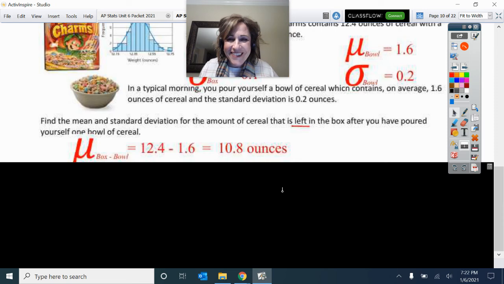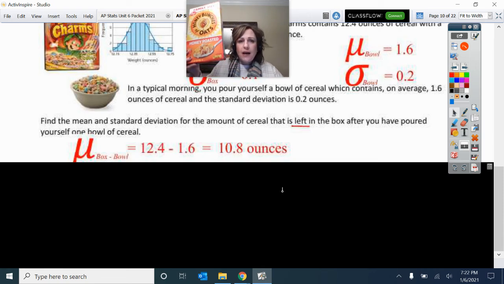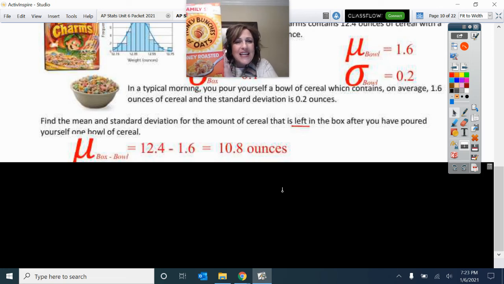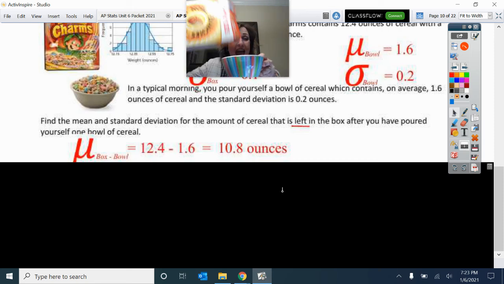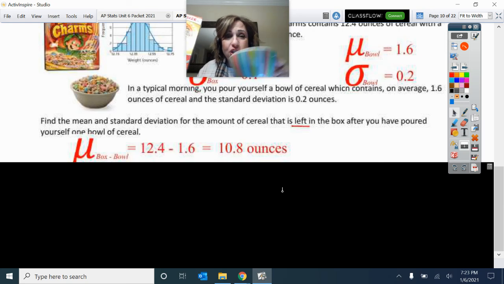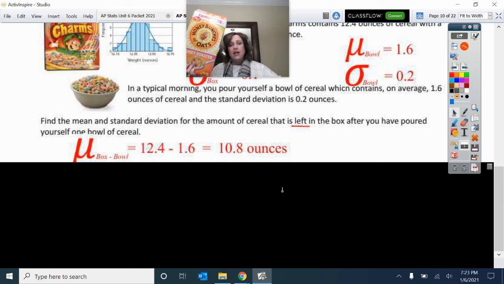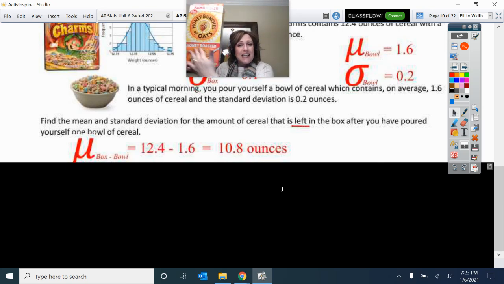But here's where it gets special. That's the special rule for standard deviation. Here we go. So I think about this variability. I wasn't sure exactly what we started with in our cereal box. I'm not sure how much I poured into my bowl. So tell me about my certainty of what remains.